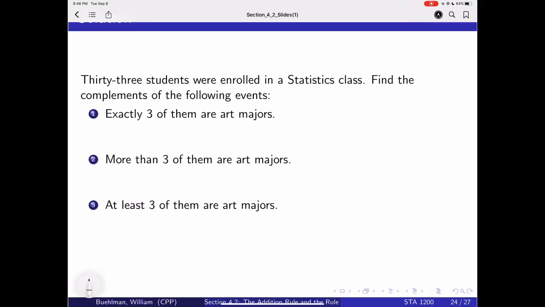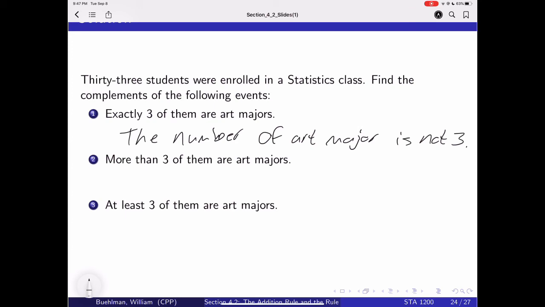So the complement would be, we want the opposite of that, is the way I like to think of it. So if exactly 3 are art majors, we want everything but 3. So we're going to say the number of art majors is not 3. That covers everything else but 3, which we want the complement to do.